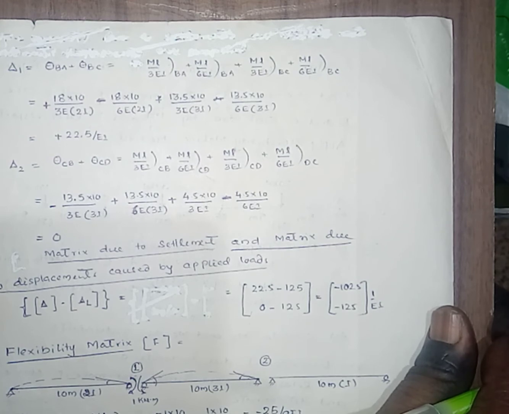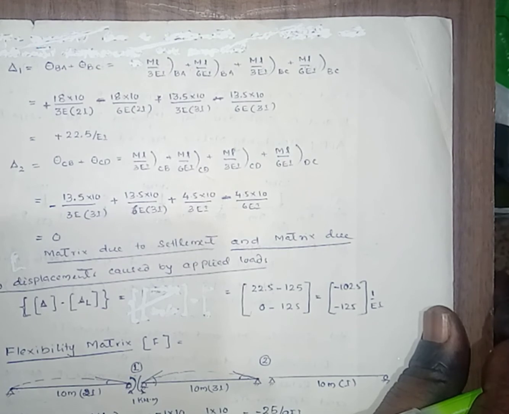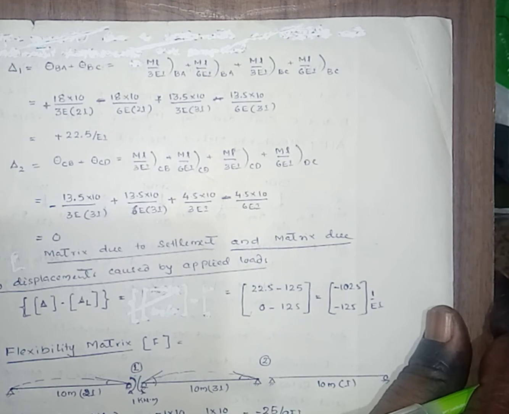Similarly, delta 2, that is theta CB plus theta CD, the net displacement at coordinate 2 due to the two moments, that is ML by 3EI plus ML by 6EI in span CB, ML by 3EI, ML by 6EI in span CD. By substituting the values, here minus 13.5 into 10 divided by 3 into 3I in span CB, plus 13.5 into 10 divided by 6 into 3I.